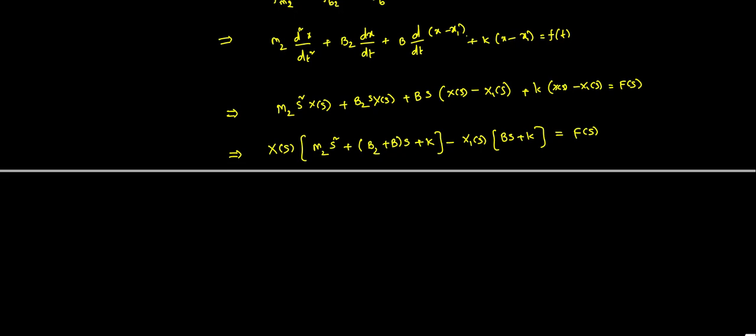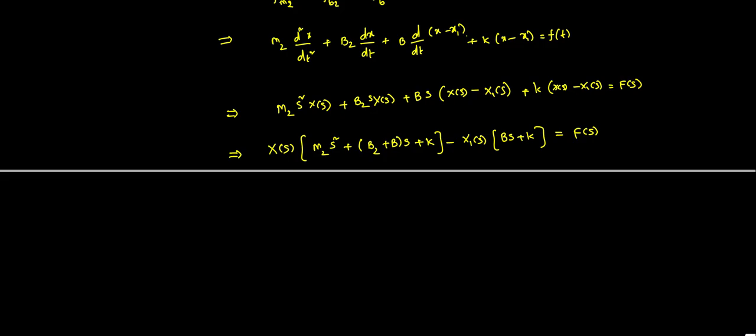Transfer function means Laplace of output by Laplace of input. So here you can take x of s by f of s or f of s by x of s, whatever form you want to have. If you want to find out x of s by f of s for the given output, f of t you are giving as input.